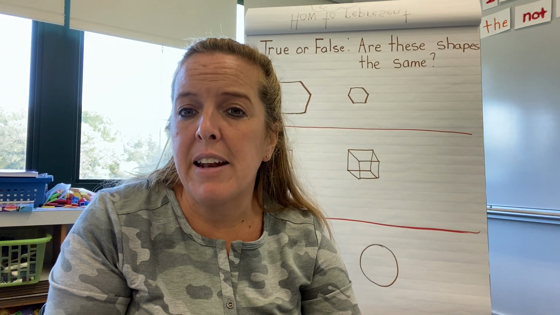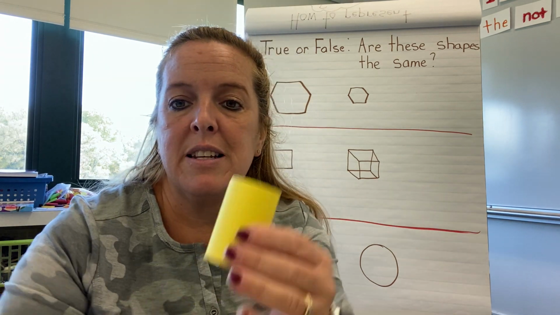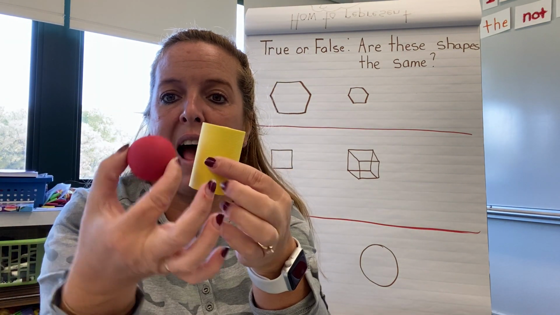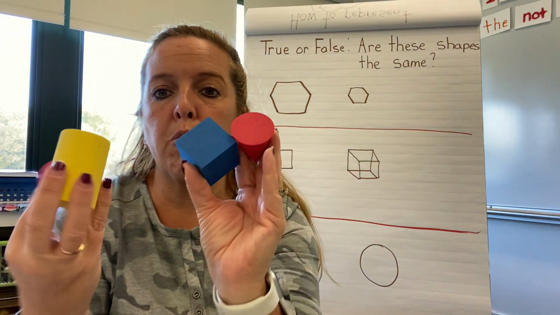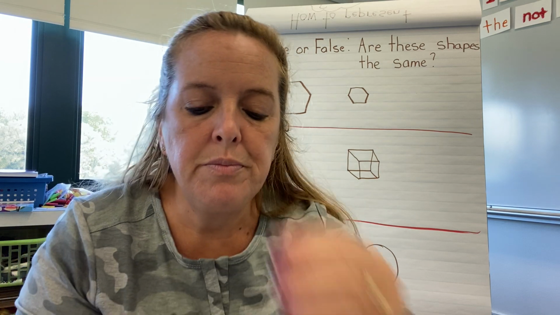But then we went into something called 3D. And we said 3D had another dimension and they kind of popped out. And I'll show you the difference. See how these are? They're not flat. They're 3D. So we'll talk about those right now.